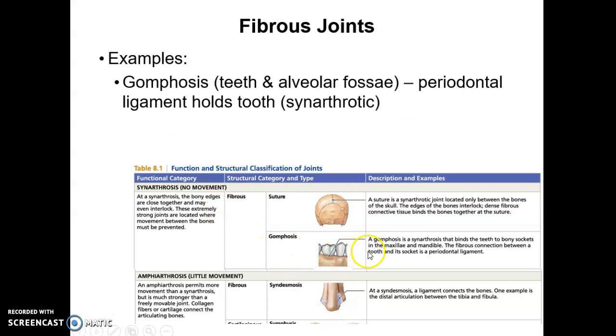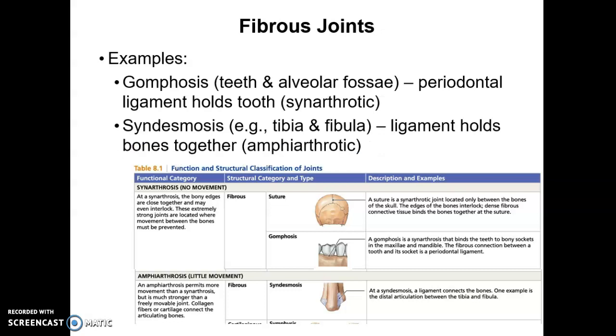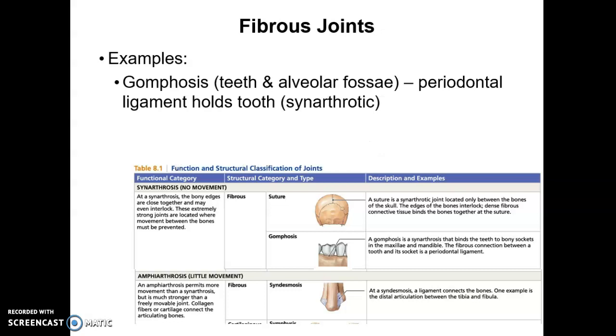The gomphoses are the joints between the teeth and their sockets in the mandible and the maxillae, the teeth and the alveolar fossae, the openings in the jawbones. There's a ligament there, the periodontal ligament, that holds the tooth in place. So immovable, slightly movable, but immovable. So that's a synarthrotic joint. Another example of a fibrous one.